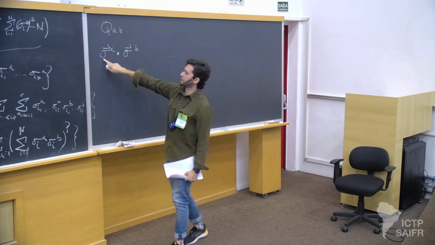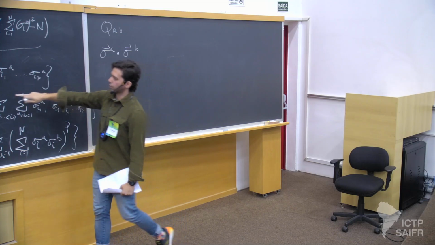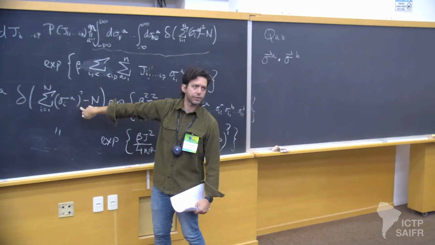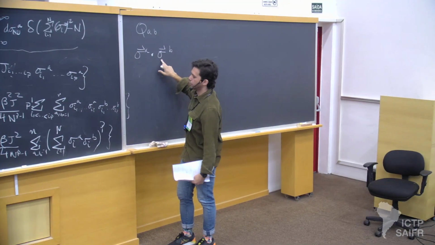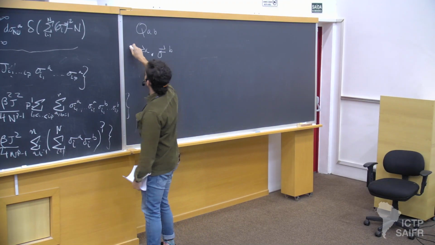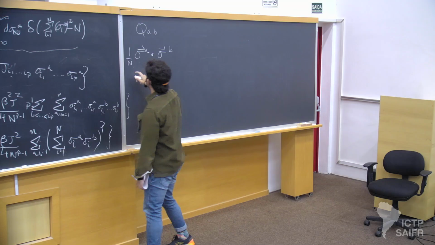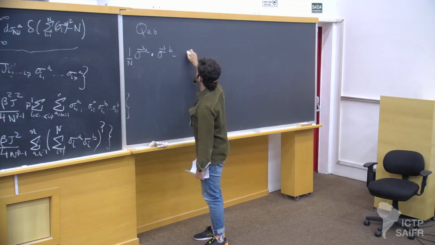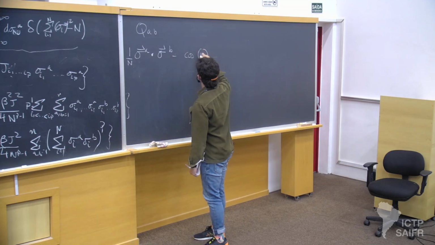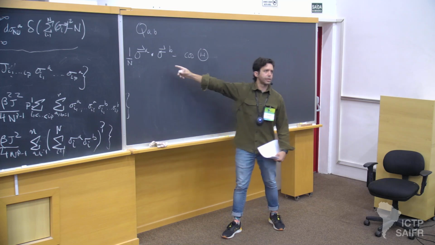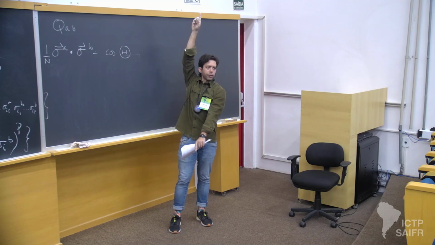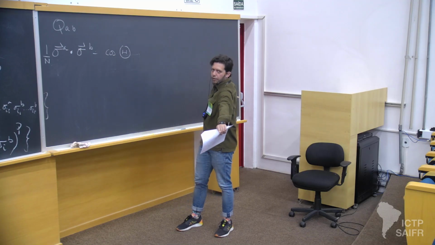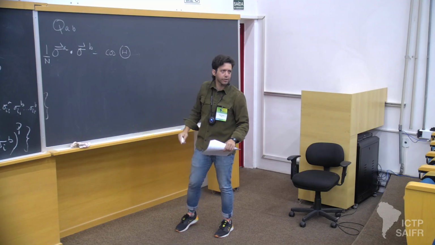In particular, this is the spherical constraint, so these are vectors of size root n. So if I divide by n, then this is a cosine of some angle. It measures the overlap between the two configurations. If it's 1, these configurations are very close. If it's pi over 2, configurations are far. If it's minus 1, they're basically the same, just pointing in opposite directions.